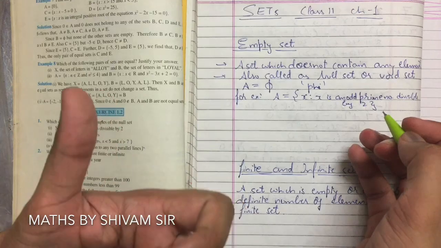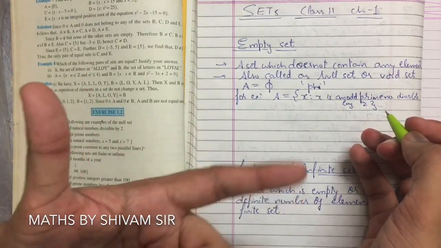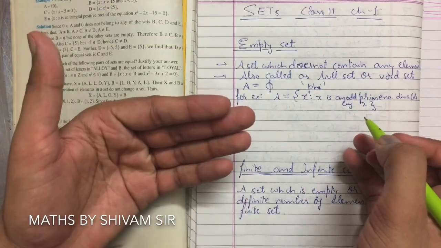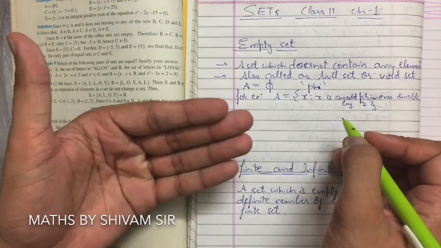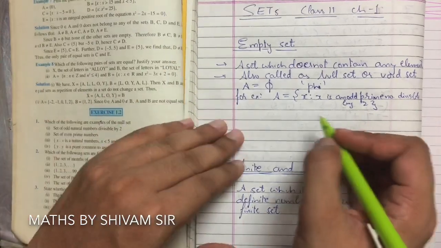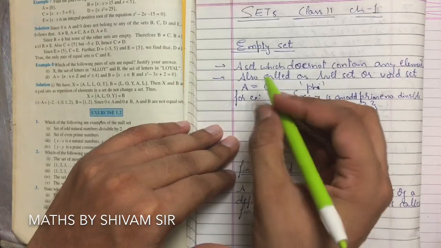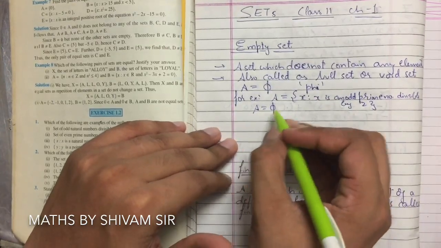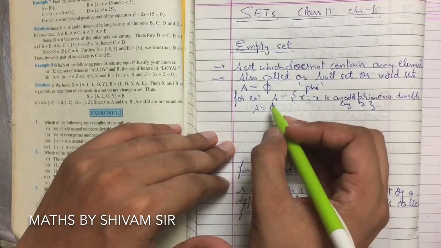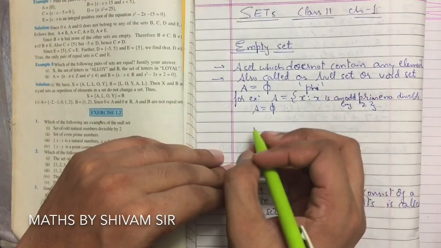Prime numbers are numbers greater than 1 which are divisible by either 1 or by itself. So odd prime numbers are never divisible by 2. There is no such odd prime number which is divisible by 2. So we can say A is an empty set, or A is equal to phi. In roster form we write it as A is equal to phi.